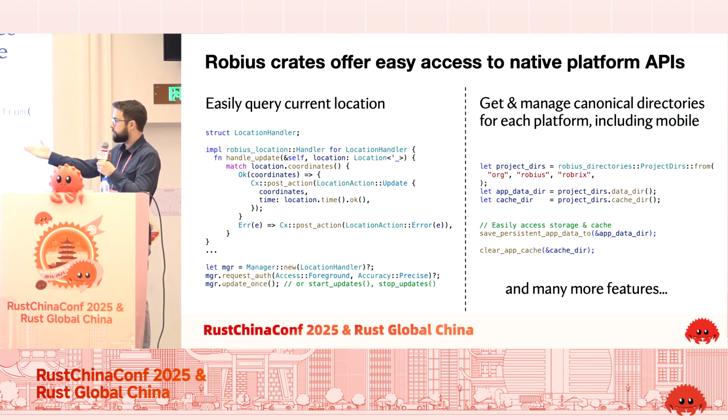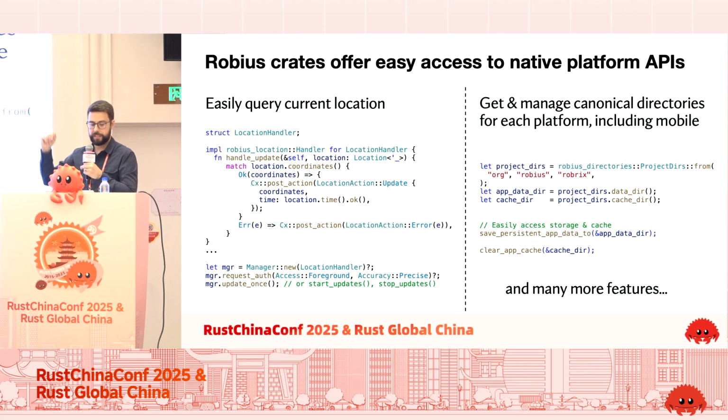And the code is really quite simple. This is all it takes, for example, on the left to request the current location, and then you can send that to your UI via an action, just like I showed for the message send result. And then there's many, many more features, but I don't have time to get into them today. So that's basically where we're at with combining Makepad and Robius crates.